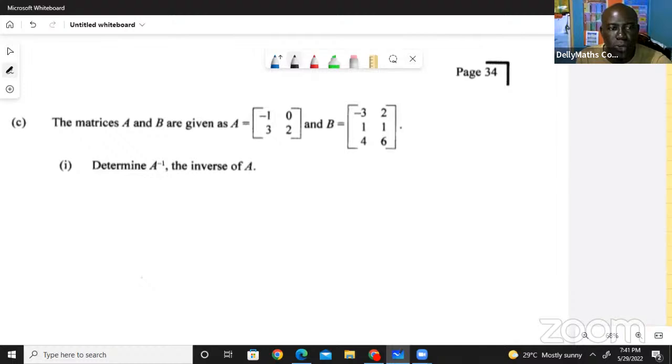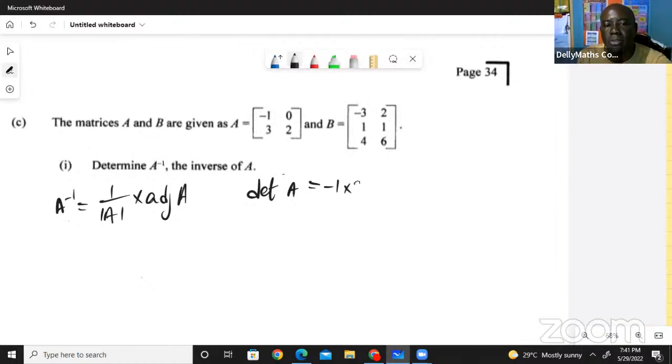So the first question is to find the inverse of A. If you find the inverse of A, it is going to equal 1 over the determinant of A times the adjoint of A. Let's find the determinant of A. The determinant of A is -1 times 2, the product of the leading diagonal, minus the product of the other diagonal, which is a 0.